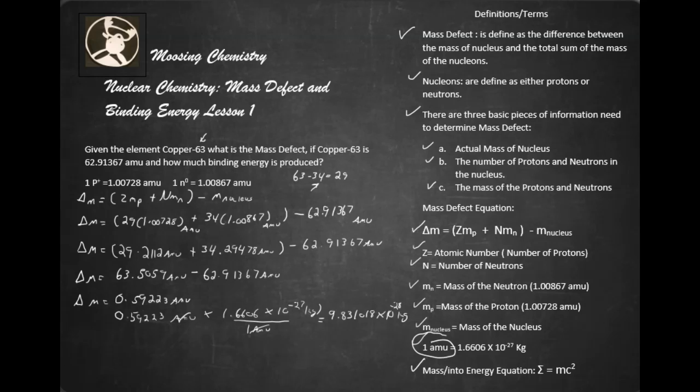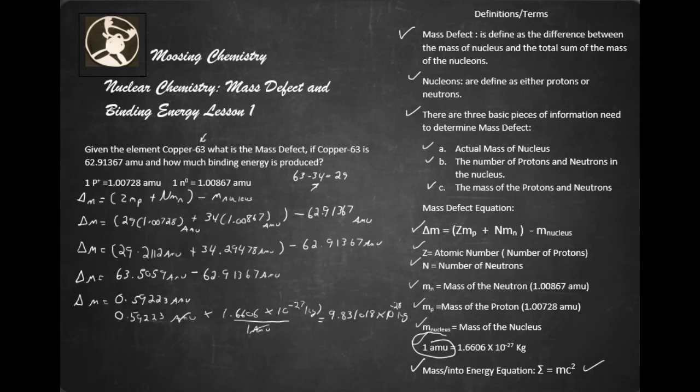Now, the next thing we're going to do is use that famous formula E equals mc squared. A couple things you need to know. First of all, we're going to go with energy, so E equals, let me make a better equal sign. Let's make it fancy.